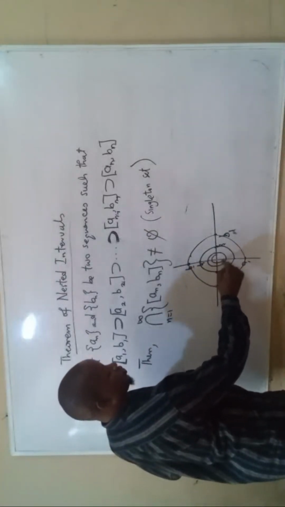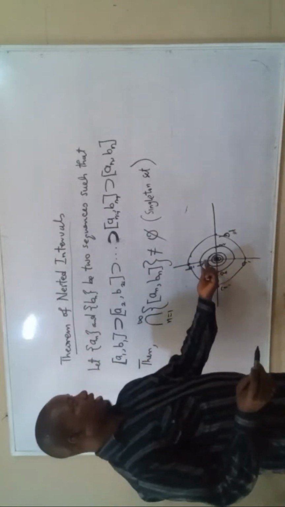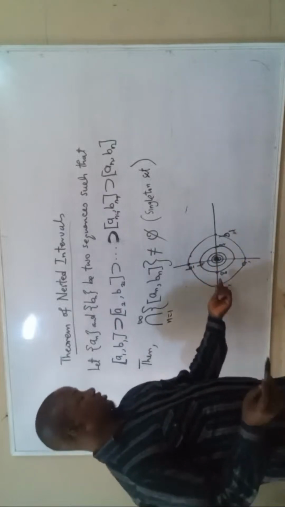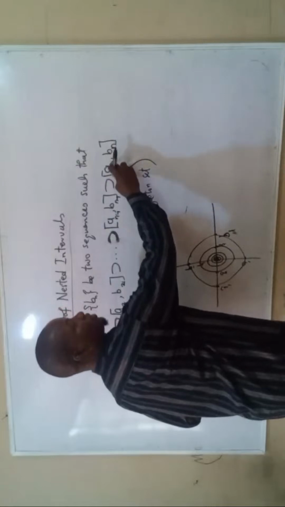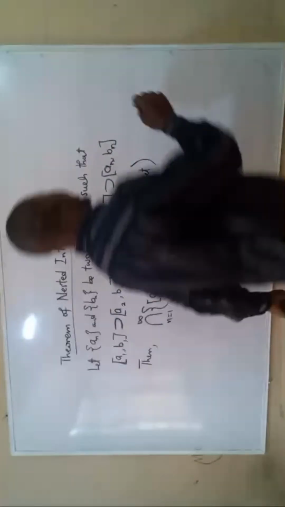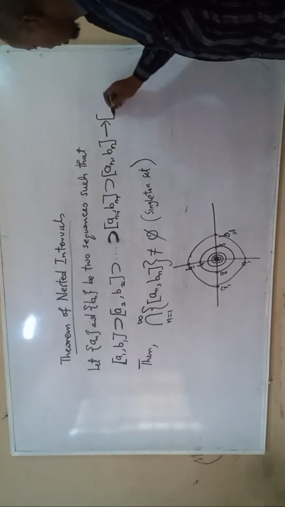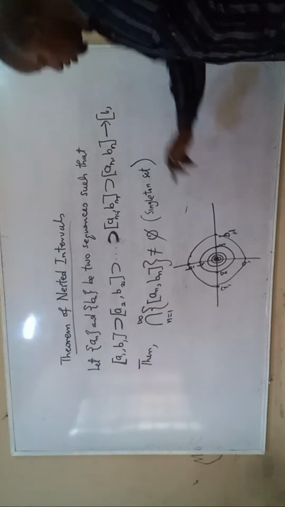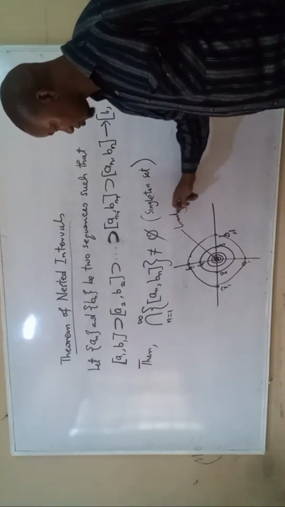So if you continue this, ascending to infinity, this A and B will go to meet a number L. Let's say the limit here is L, that is the limit point.